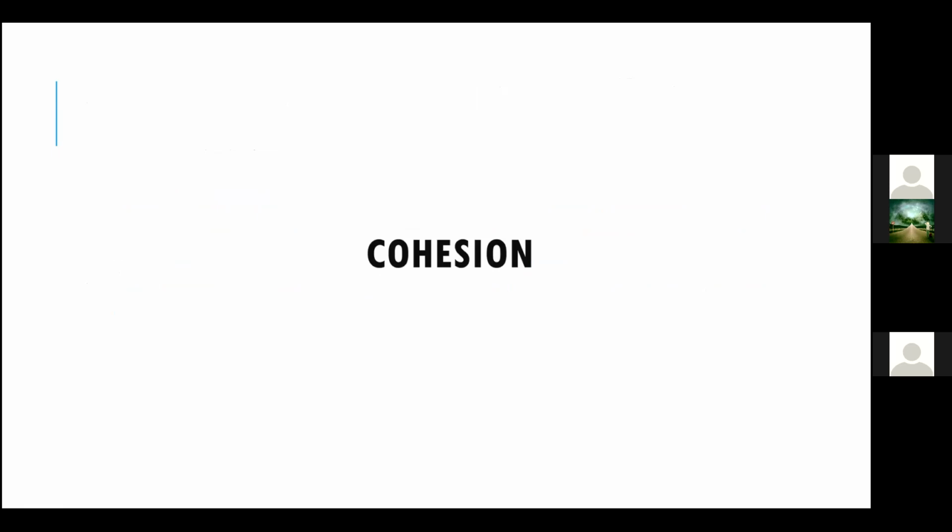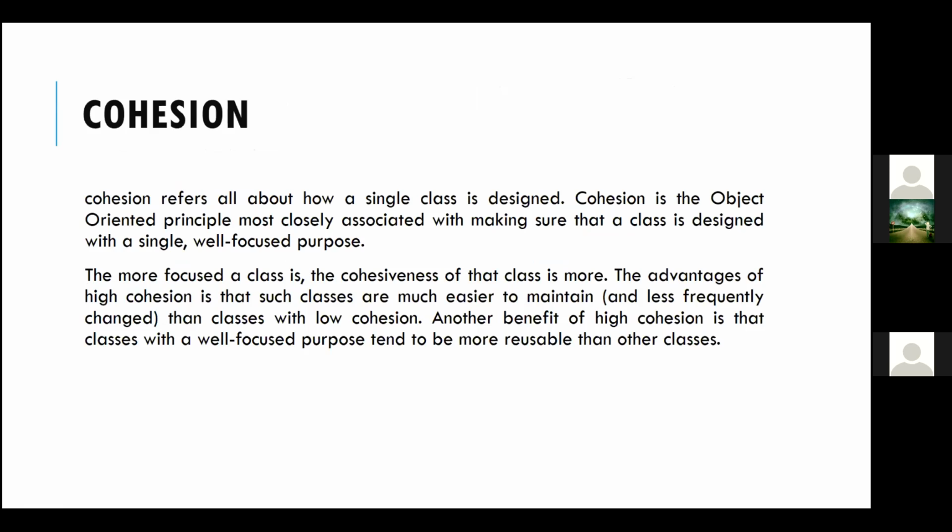Next topic, we have cohesion. Cohesion refers to how a single class is designed. Cohesion is the object-oriented principle most closely associated with making sure that a class is designed with a single, well-focused purpose. Please take note of that. The more focused a class is, the more cohesive the class is.